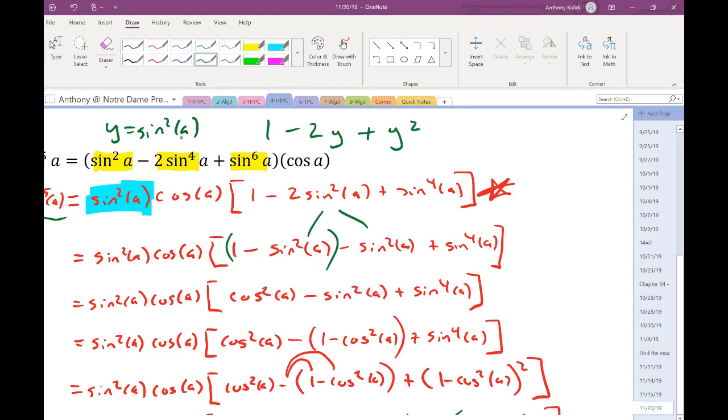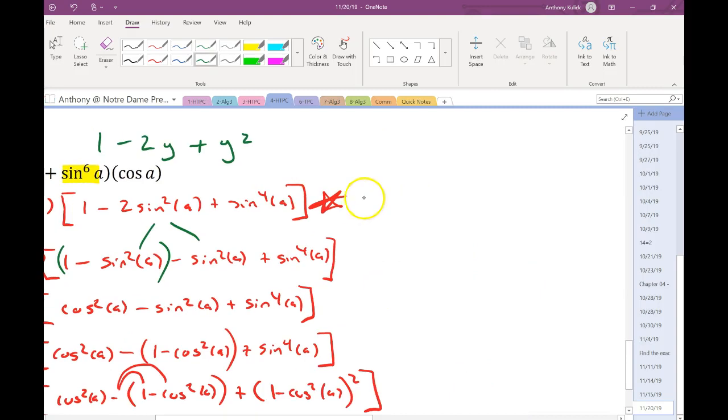What can we do with quadratics? A lot of them are factorable. And in fact, this one definitely factors, right? There are 2 numbers that multiply to give me 1 and add to give me negative 2. So that's what I would do here. So I have that sine squared a still times cosine a out front.